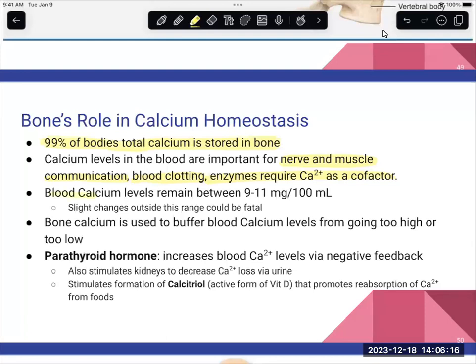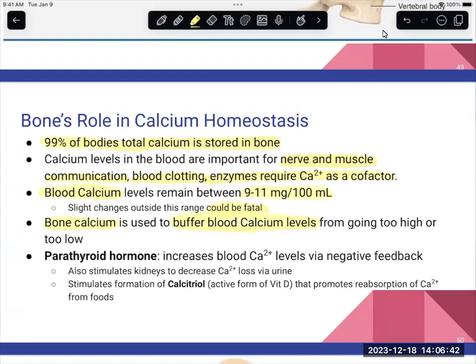We have to maintain a very strict blood calcium level, usually between 9 to 11 milligrams per 100 milliliters. A very strict level. It's fatal, or could be fatal, if it falls outside that 9 to 11 milligrams. So we store that calcium in our bone, and it's used as a buffer.